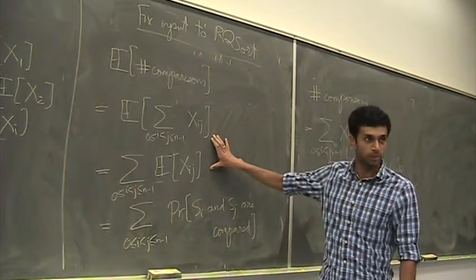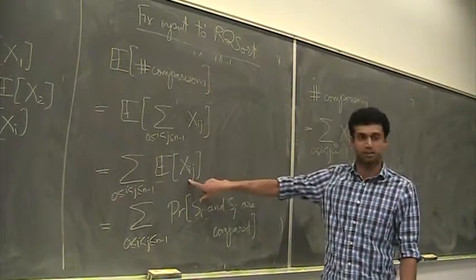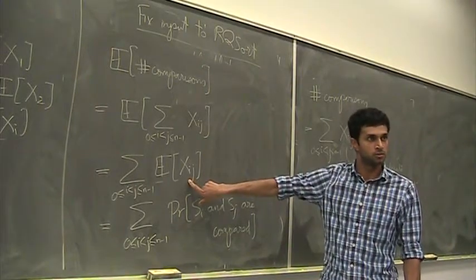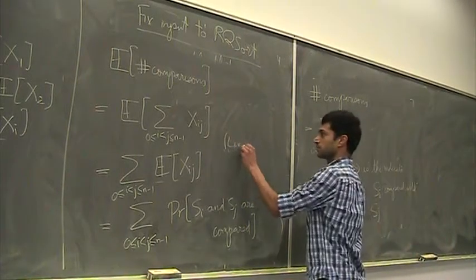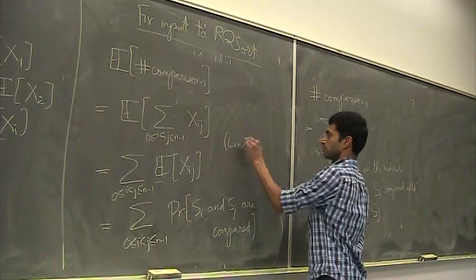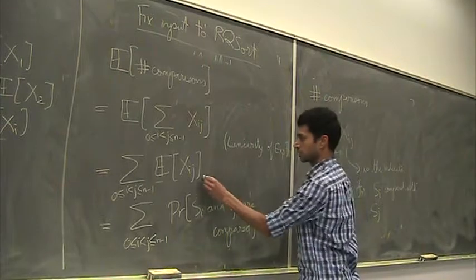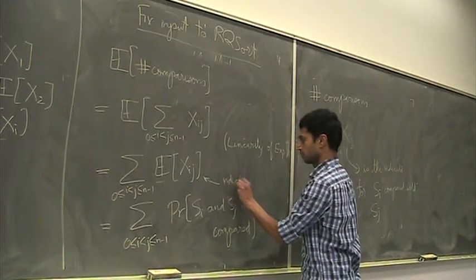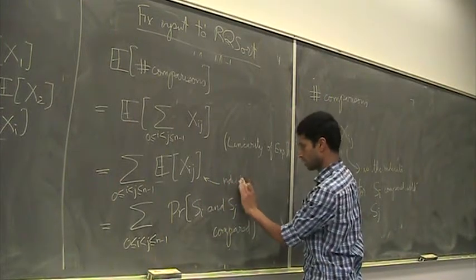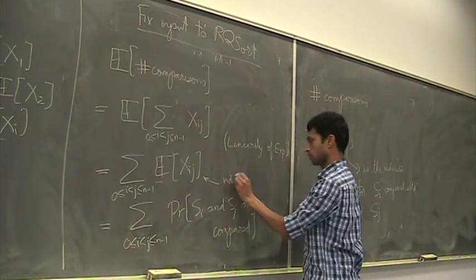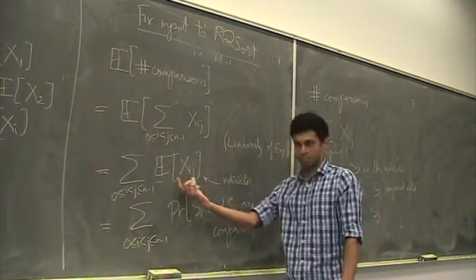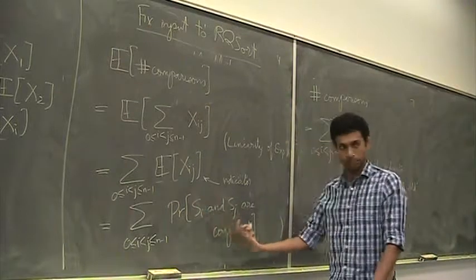This is linearity of expectation, and this is simply the fact that it's an indicator random variable. So the expected value is just the probability.